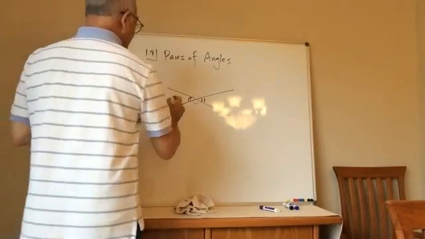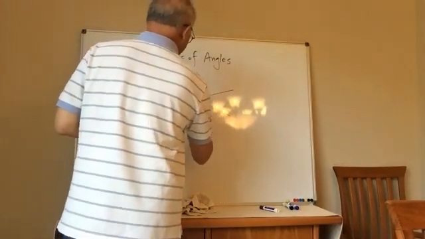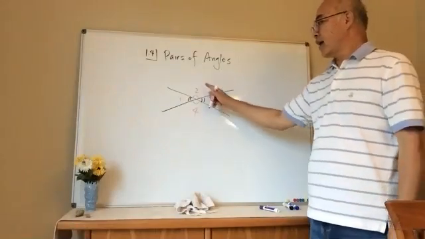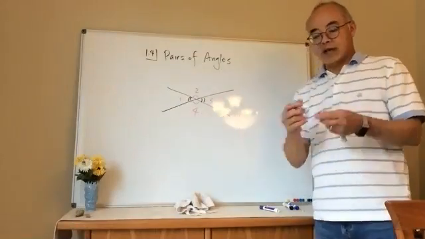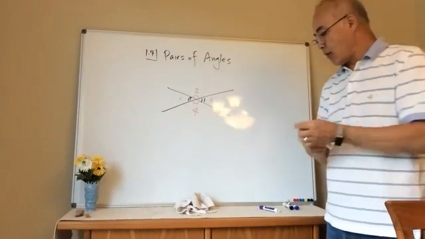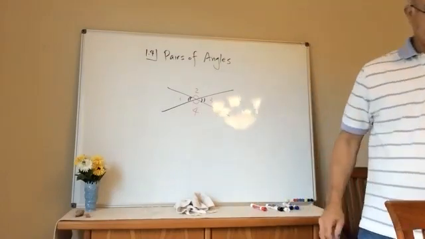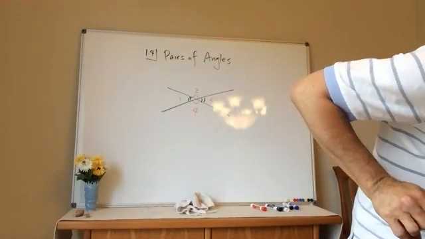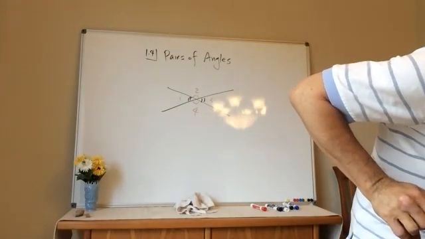If I have angles 1, 2, 3, 4, I can say angle 1 and angle 3 are vertical, angle 2 and angle 4 are vertical, and vertical angles are always the same.